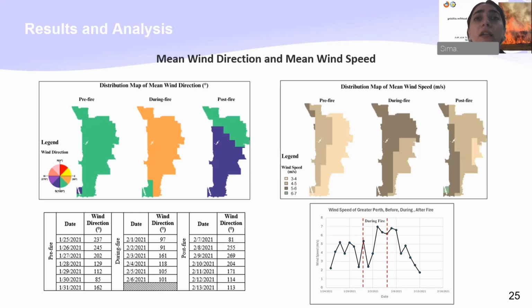These findings highlight the critical role of wind in influencing air quality during bushfire events. The spatial and temporal variation in wind direction and speed underscores the need for continuous monitoring and analysis to understand and mitigate the impacts of such natural disasters on air quality.